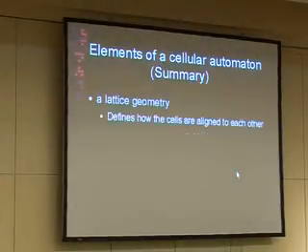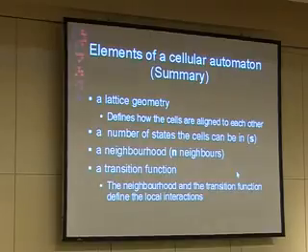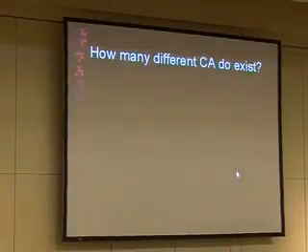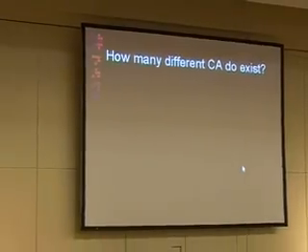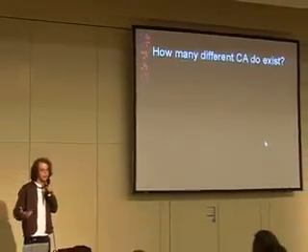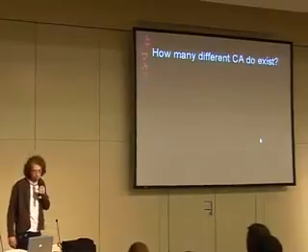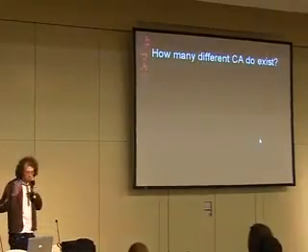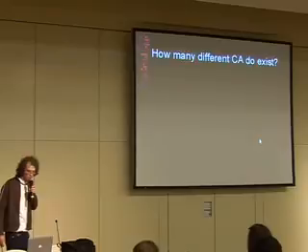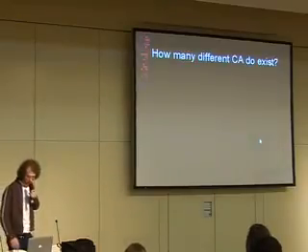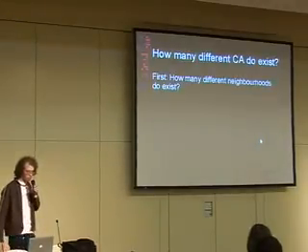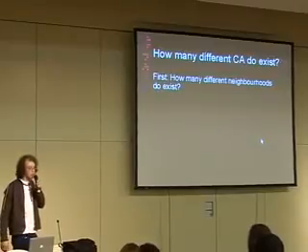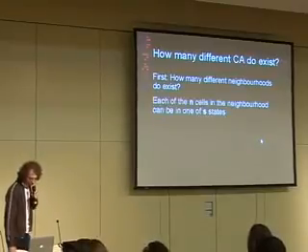This summarizes what I've said so far. And now we can ask ourselves the question, how many different cellular automata exist that are like this? This is a problem we can just split in 2 parts. First, let's ask how many different neighborhoods exist.